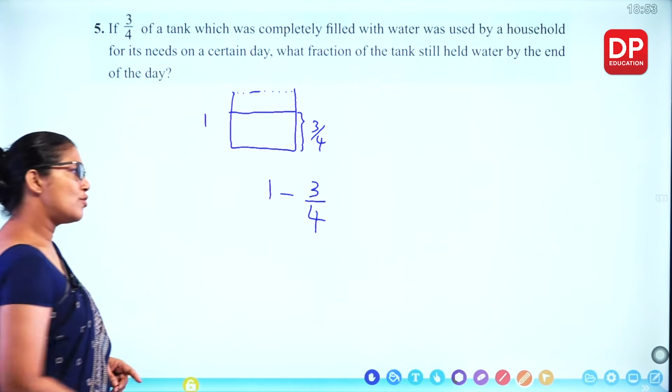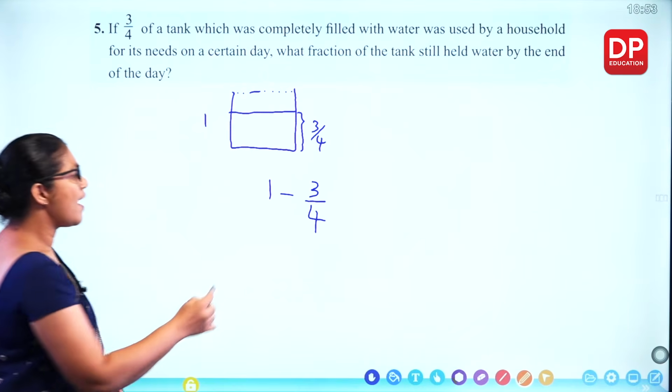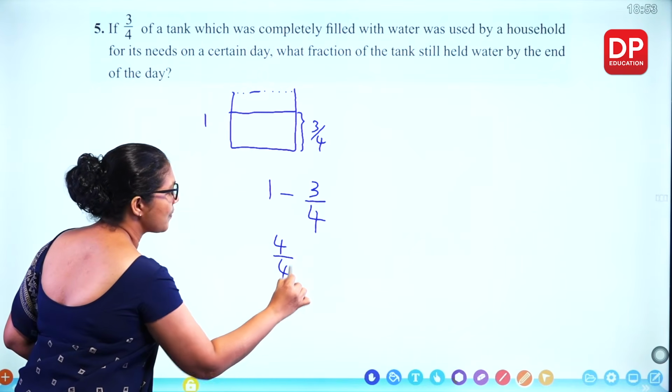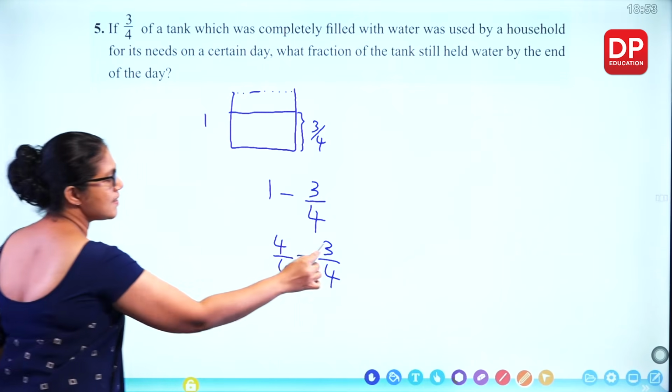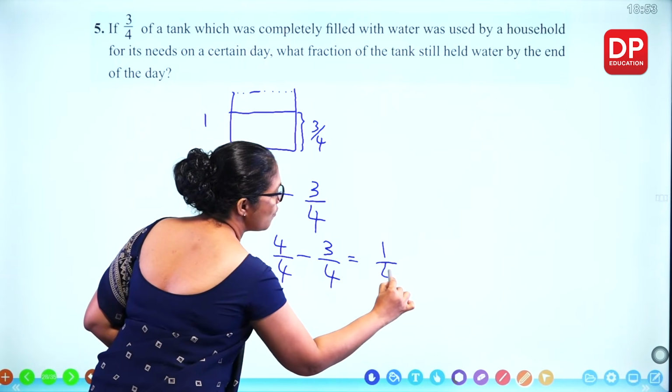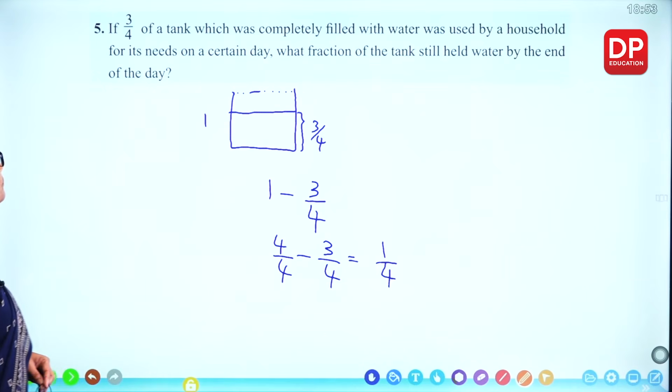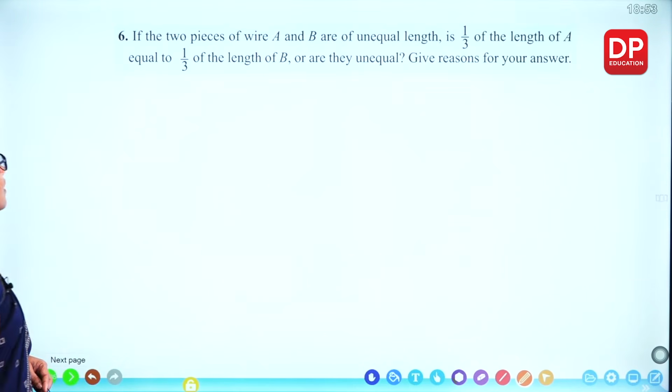So here is how you do the calculation. 1 you can write as 4/4 minus 3/4. 4 minus 3 is 1/4. Now we'll move to the sixth question.